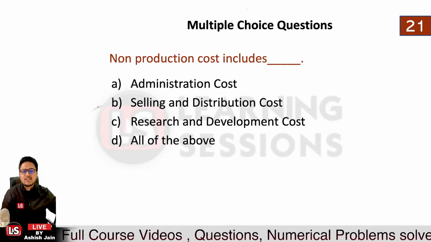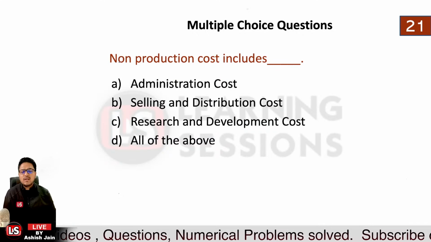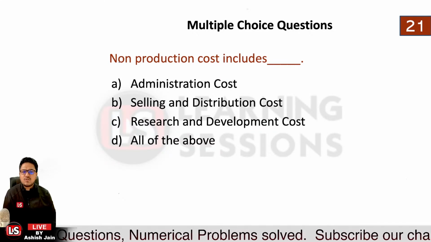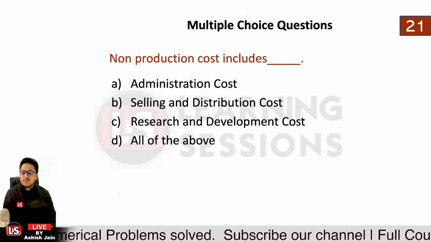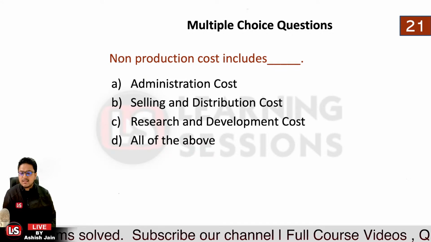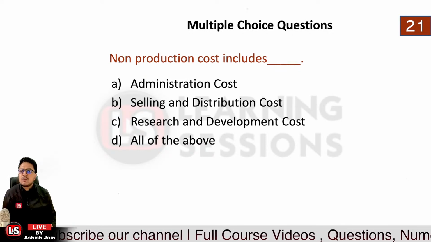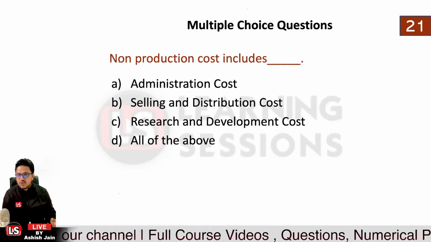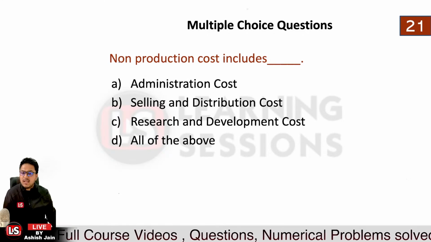Question number 21, it says non-production cost includes what? Administration cost, selling and distribution cost, research and development cost, all of the above. Non-production cost means what? That is not related to the production or manufacturing of the product. That is something else that you have spent upon. It's the administration cost, which is for supervision purposes, like stationery, pens.